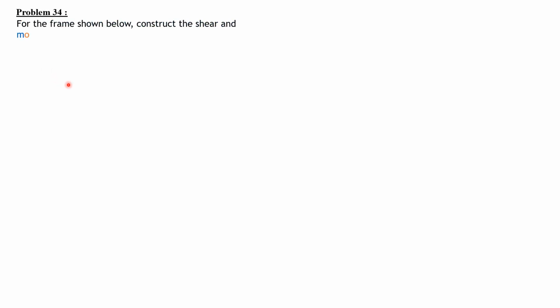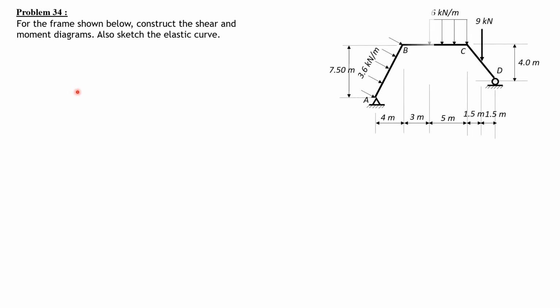For the frame shown below, construct the shear and moment diagrams. Also sketch the elastic curve. So we have the frame here, and this length is 8.5, the square root of 4 squared plus 7.5 squared. The horizontal component of force is 3.6 times 7.5, which is 27.